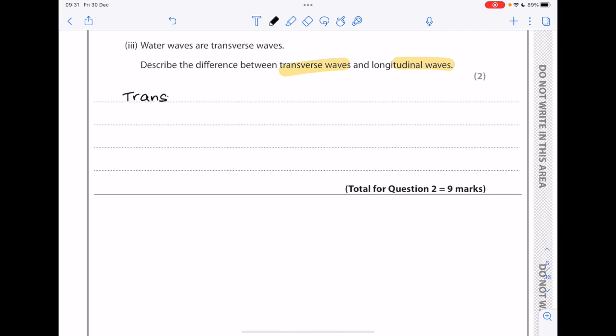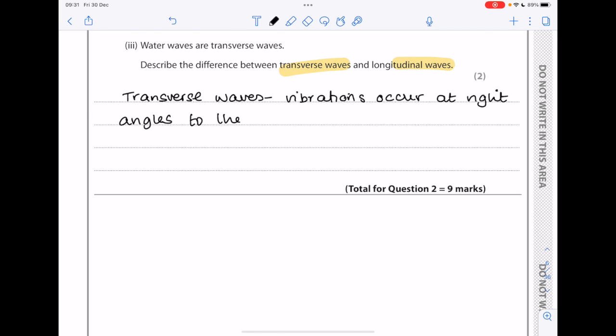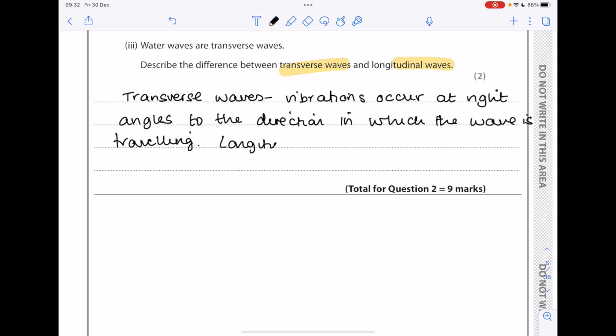Transverse waves, vibrations occur, and the key word here is perpendicular or at right angles, to the direction in which the wave is travelling. Longitudinal waves, we're going to use that scaffold, but the only thing is we're going to change at right angles to parallel.